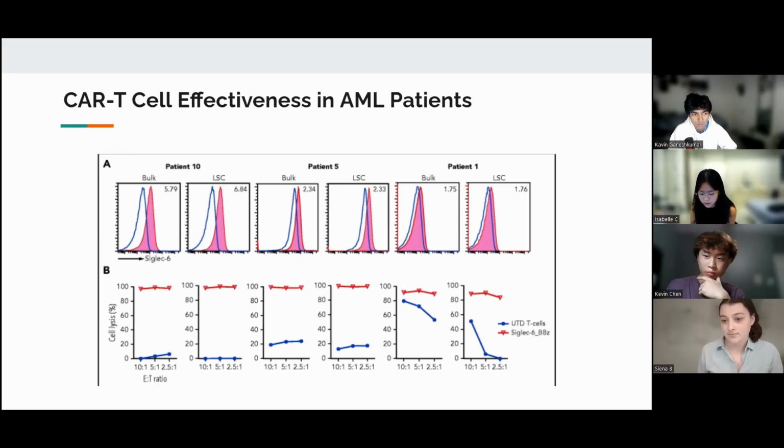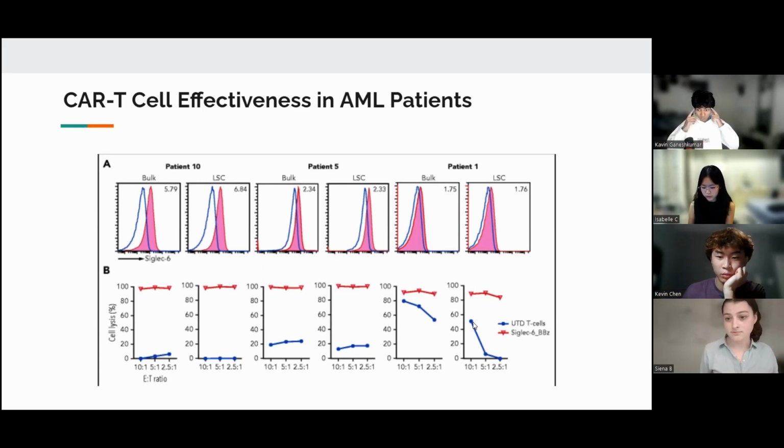In the LSC one, in a 10 to 1 ratio, so 10 UTD cells to 1 cancer cell, it was pretty effective, around 50% cell lysis. But as the concentration drops, so only having 2.5 UTD cells compared to 1 leukemia cell, it's 0. It can't do much, while Siglec-6 is still at 80%, 90%.